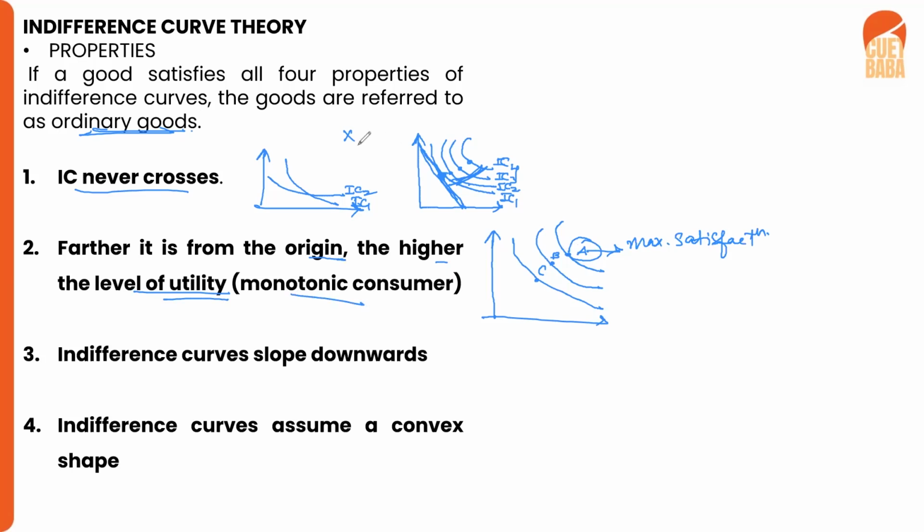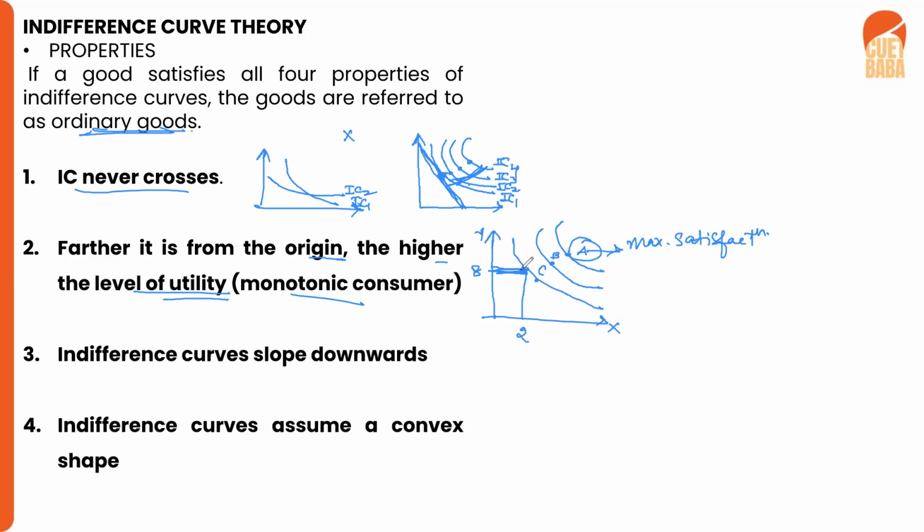So an example for that is, suppose a consumer is consuming 8 of Y good, and similarly say 2 of X good.